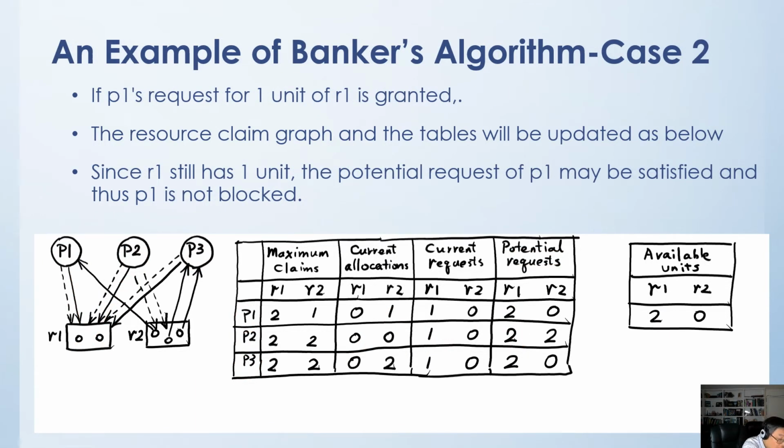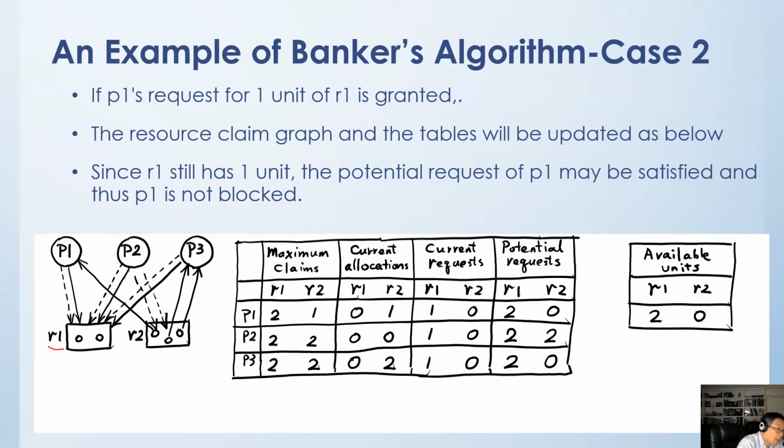Now let's look at case 2. Remember, in case 1, we tentatively granted the request of P2 for 1 unit of R1, right? We changed this to the allocation, and then we found out this leads to the deadlock state, so we denied it.